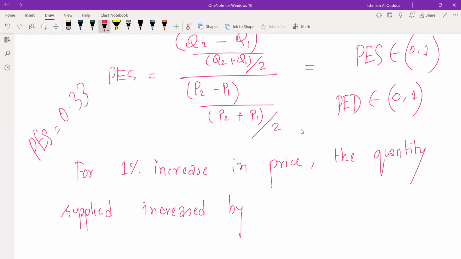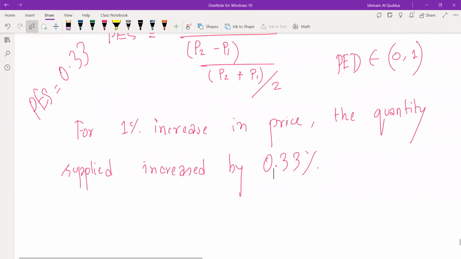Okay, so increased by 0.33%. So if PES is 0.5, then for a 1% increase in price, the quantity supplied increased by 0.5%.